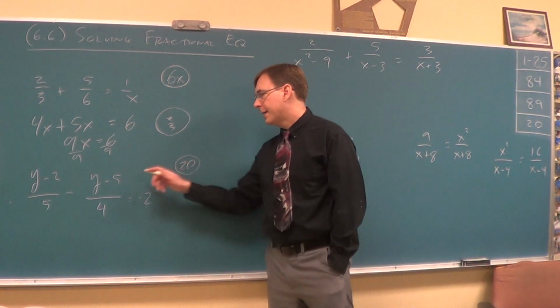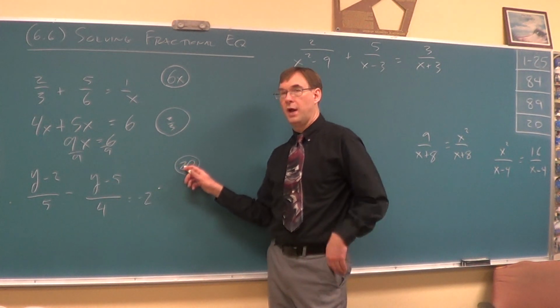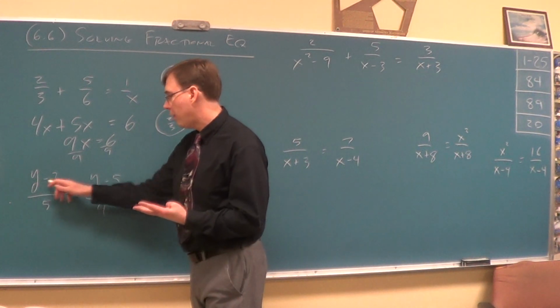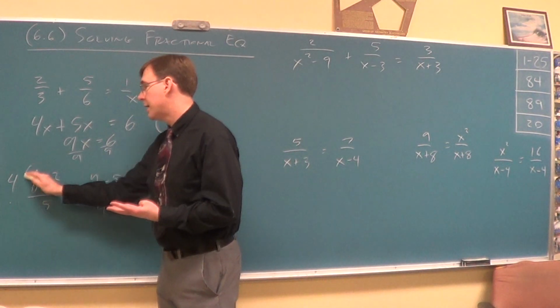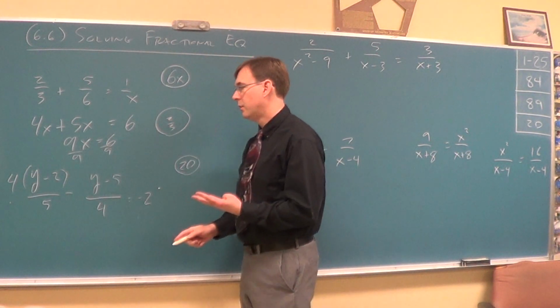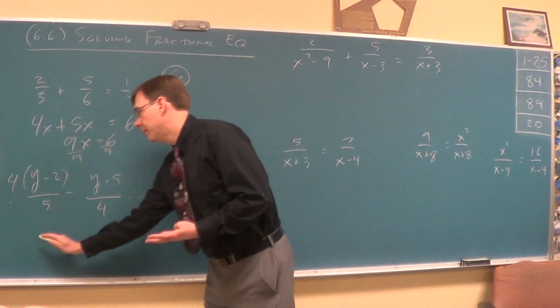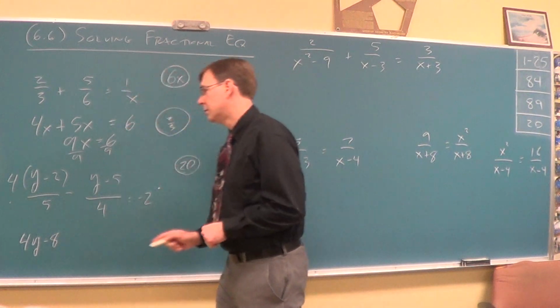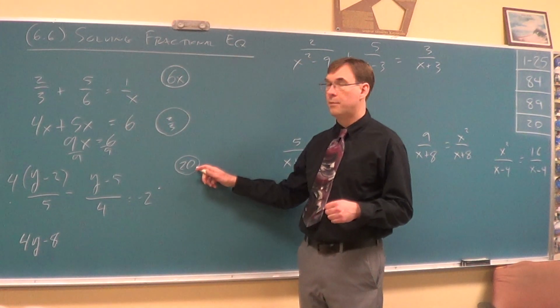So when 20 cancels 5, it leaves you with 4. 4 has to multiply all that stuff. So you could either write that as a distribute problem, or you could distribute it. But that's going to make 4y minus 8. Anybody bothered by that?